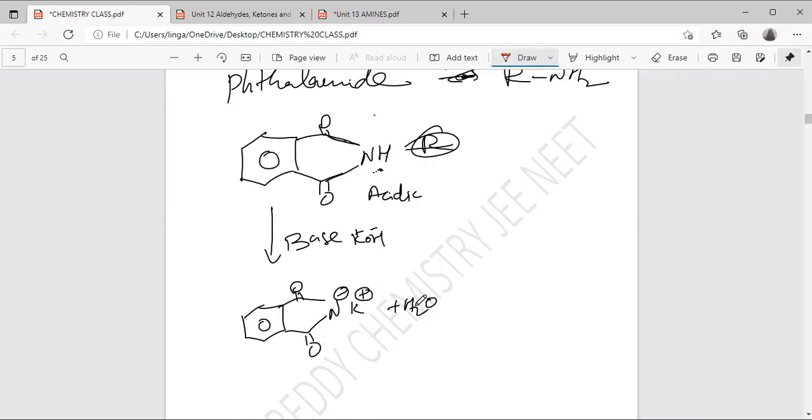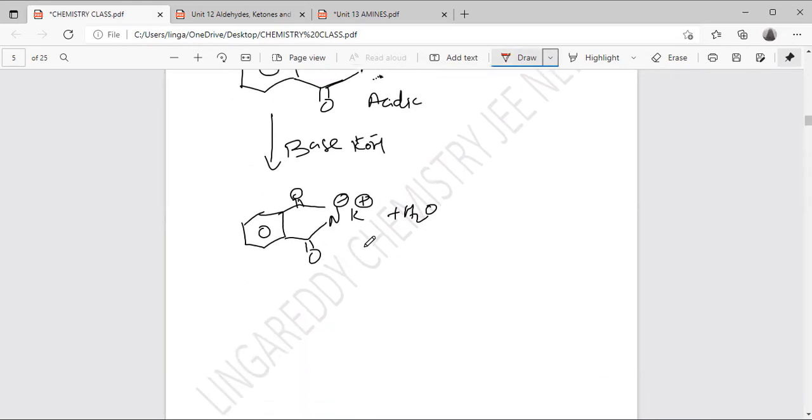So now we can join any alkyl group with this nitrogen. Now I am taking RCl, any RCl. Here N minus is there, so this R group can join with it. Here actually R plus Cl minus, so K and Cl form KCl.